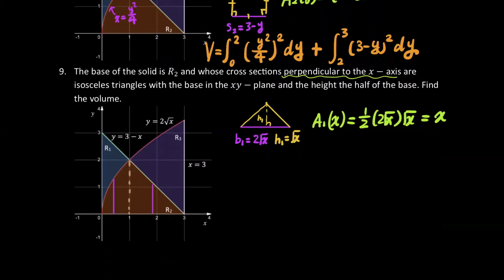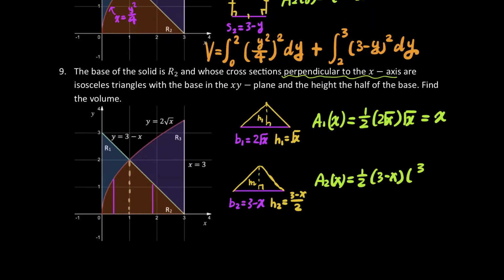And the next part, base number 2 is 3 minus x, and height number 2, it's half of the base. So area number 2 is 1/2 base times the height.